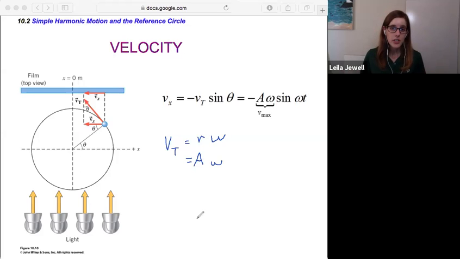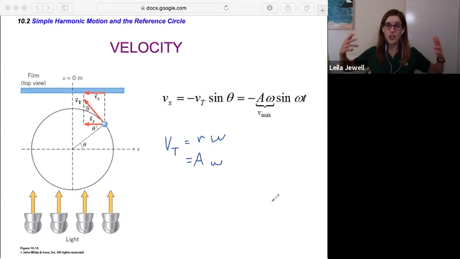We can also think about what's the very largest the velocity could ever be. And to figure that out, we need to figure out the largest value of sine. So sine of theta, or sine of omega t, is always going to go back and forth between -1 and 1. Those are the largest values that sine can take on.